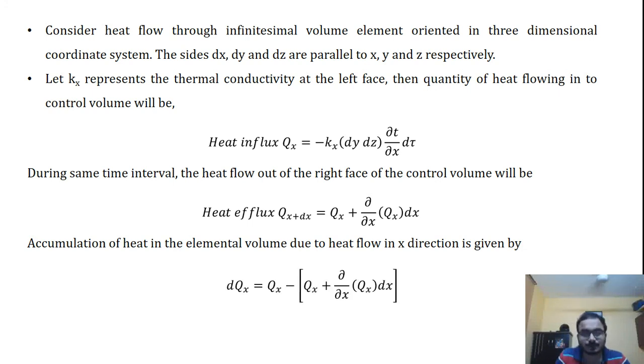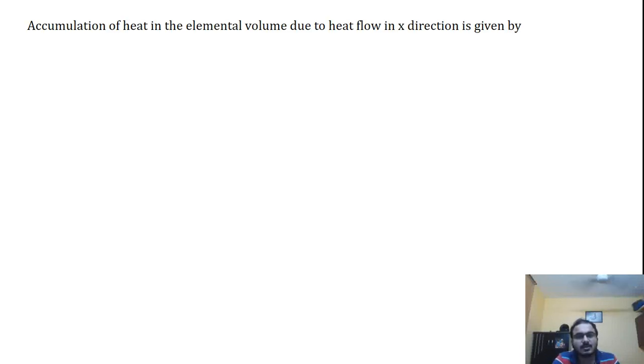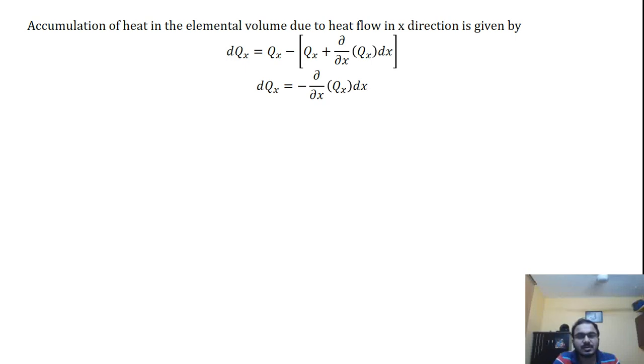So it is given by this formula, that we take this qx minus qx plus dx. So qx is as it is, and instead of qx plus dx we are writing qx plus del over del x of qx dx. So again, to repeat, this will result in this formula because qx will get cancelled.